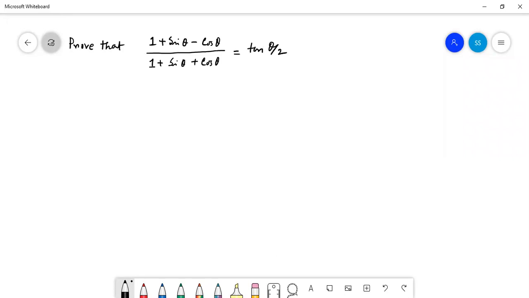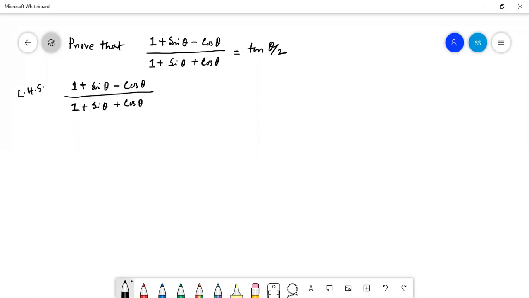So we are going from the left hand side: 1 plus sin theta minus cos theta by 1 plus sin theta plus cos theta. Now look here, in the right hand side it is given in theta by 2 form.